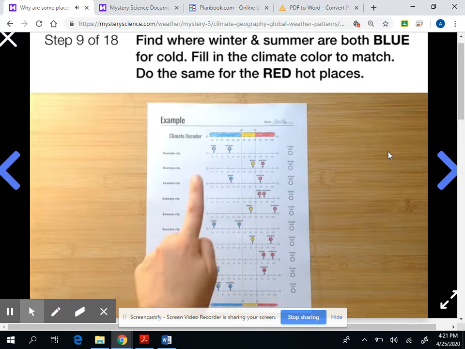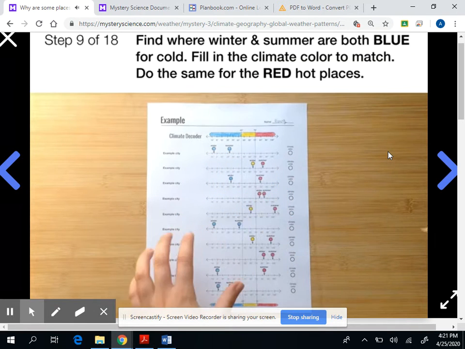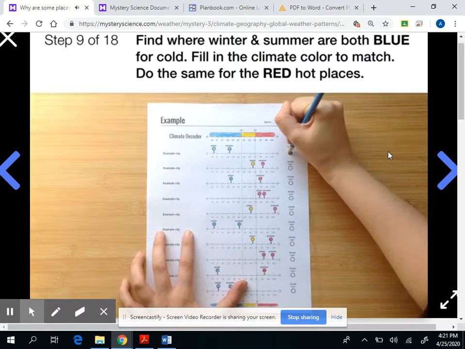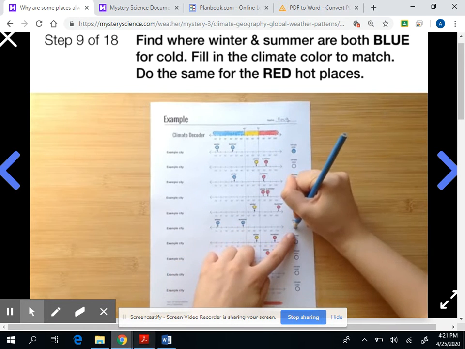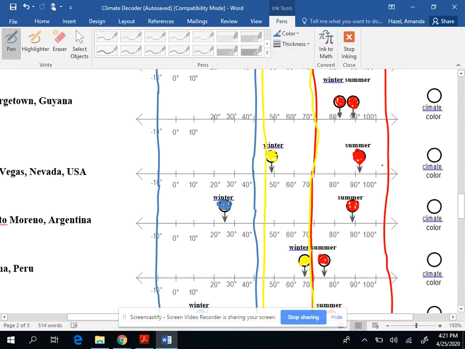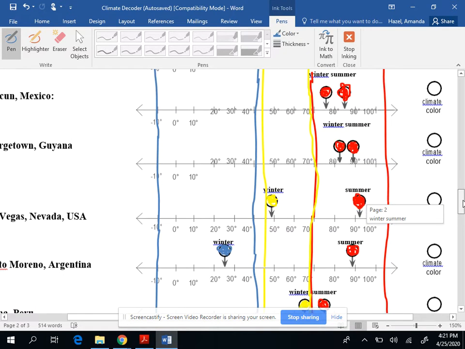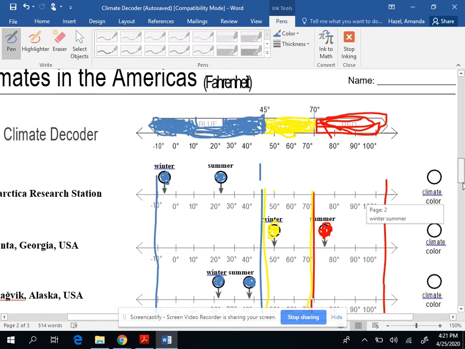Find places where winter and summer are both blue for cold. Then fill in the climate color to match. All right. So we filled in all the seasons. Then do the same for the red, hot places. Now we're going to fill in these climate colors here.